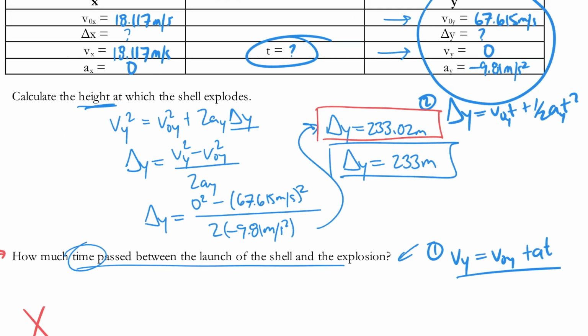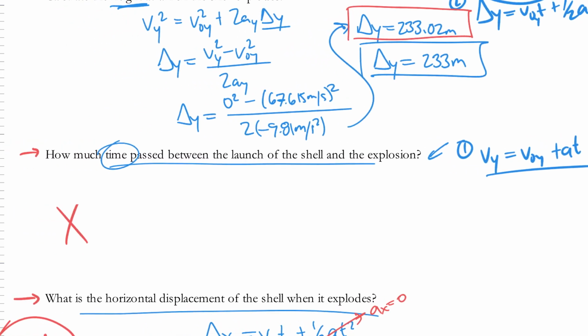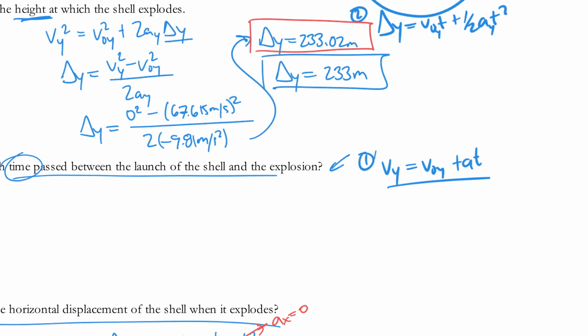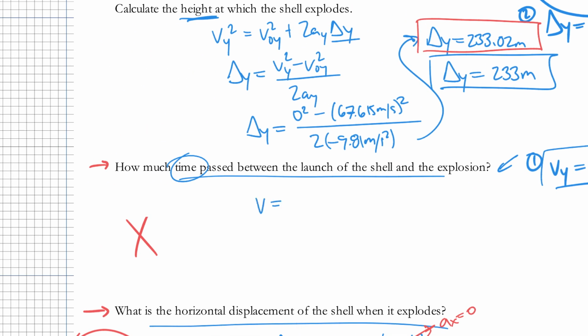All right, how much time between the launch of the shell and the explosion? I think in this particular case, this is the easiest way. Vy equals V naught y plus AyT. I'm going to rearrange that to T equals Vy minus V naught y, divided by Ay.